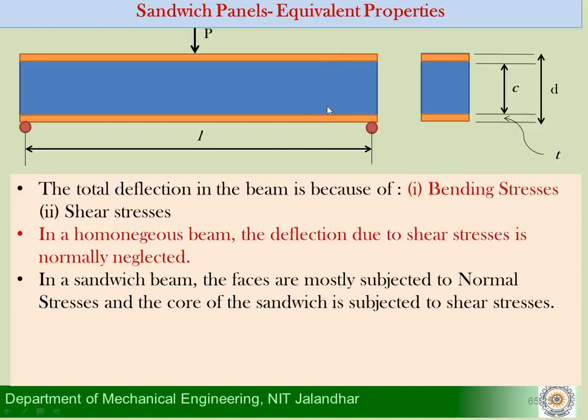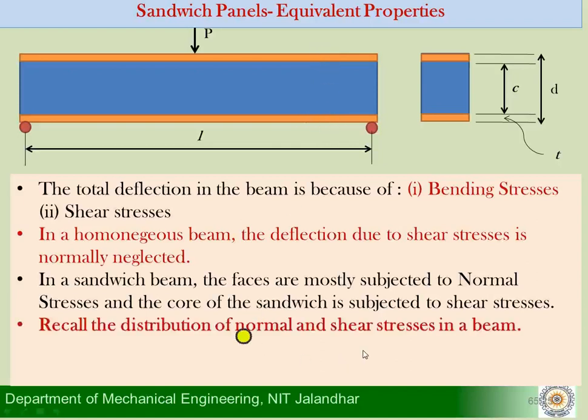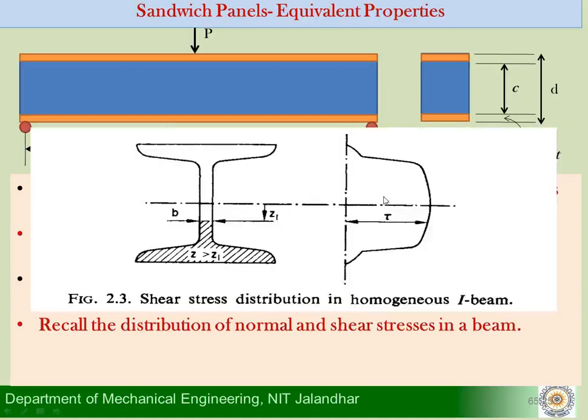So that was the distribution of the normal stress, but when you talk about the distribution of the shear stress in the beam, this is what we recall. Even for a homogeneous I-beam, the shear stress distribution has the maximum shear stress in the core region, whereas the maximum normal stress was in the outside region.